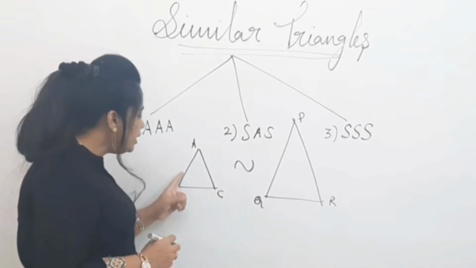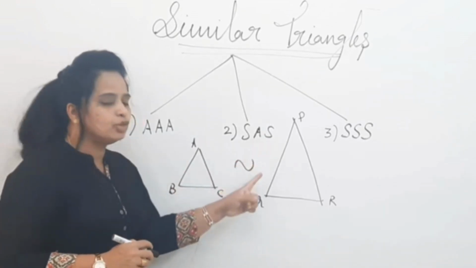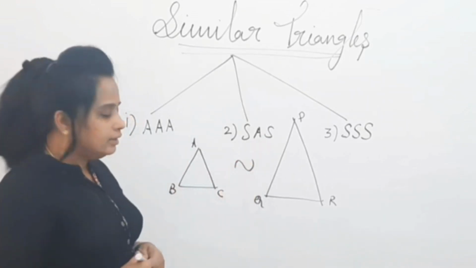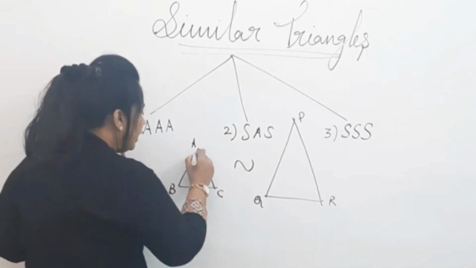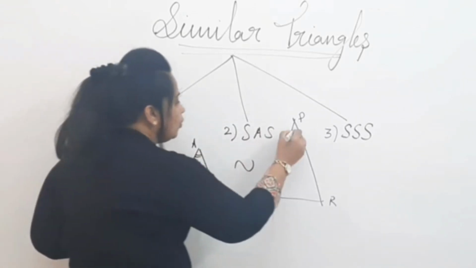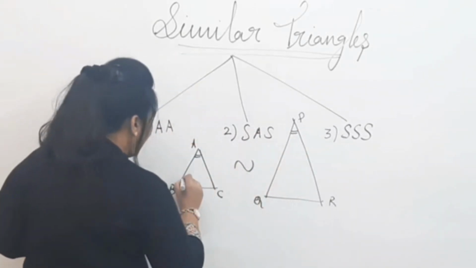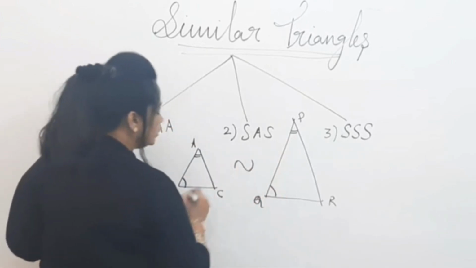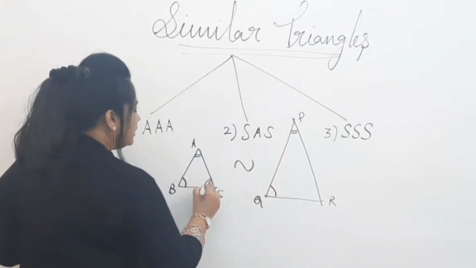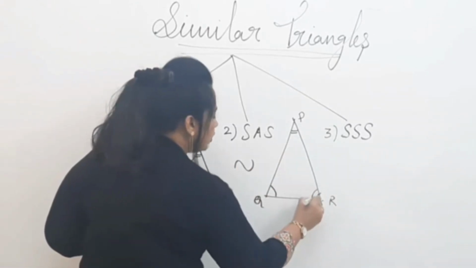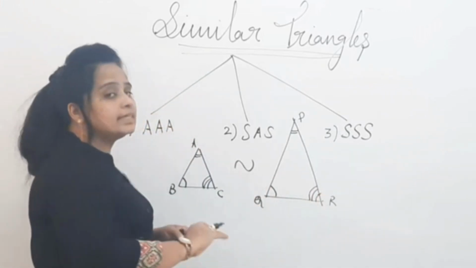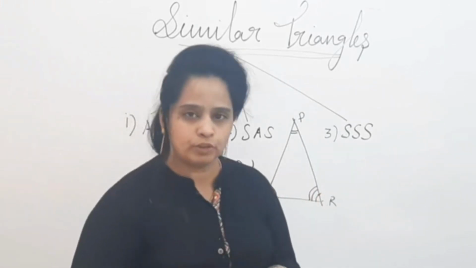So, ABC is similar to PQR. That means angle A is equal to angle P, angle B is equal to angle Q, and angle C is equal to angle R. But the sides will be in proportion.